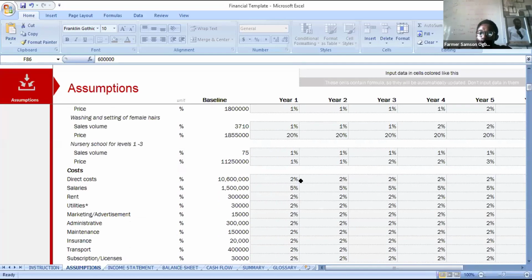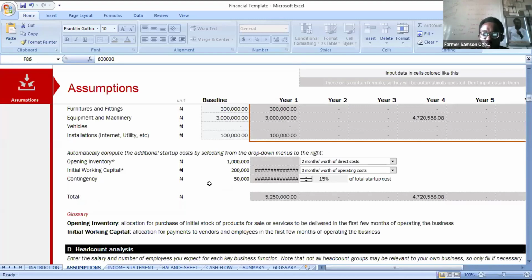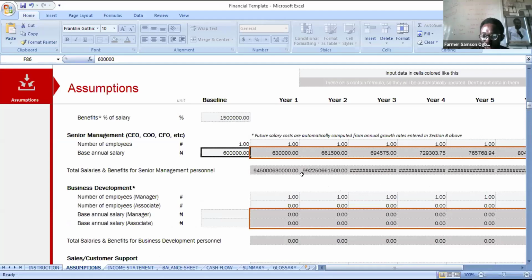Remember here, we put percentage increase. So the percentage increment that you have written here is what the system is using to calculate every other thing for you. The reason why these ones are showing that is because the figures are too many. So it would automatically compute. I hope this makes sense.